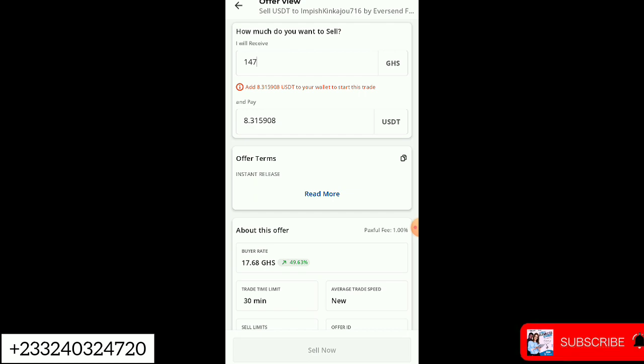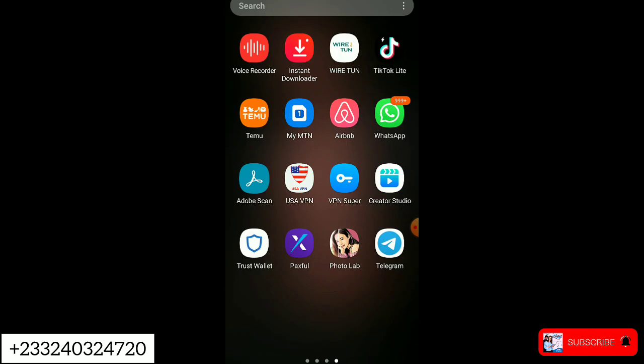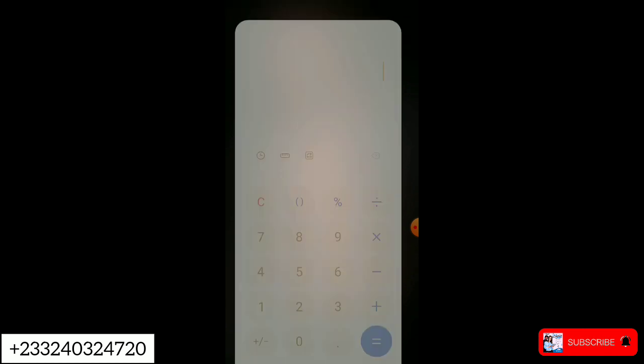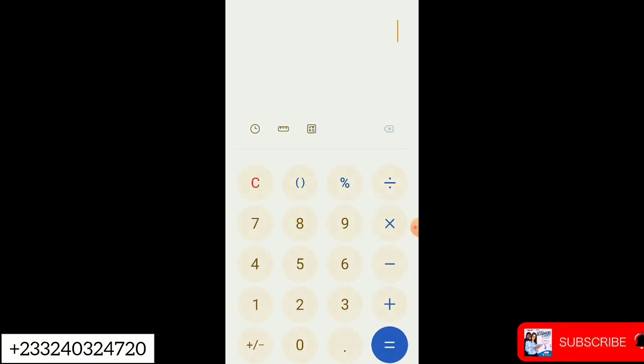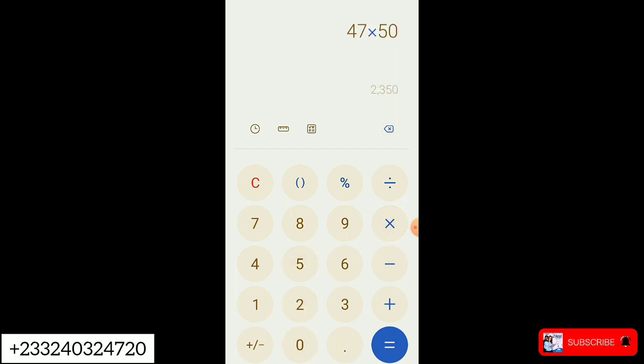So imagine I have 47 and I'm doing it 50 times with this guy. And this guy will be paying my money into my Eversend account. 47 times 50. So I'm making 2,350 Ghana cedis. That's the profit.